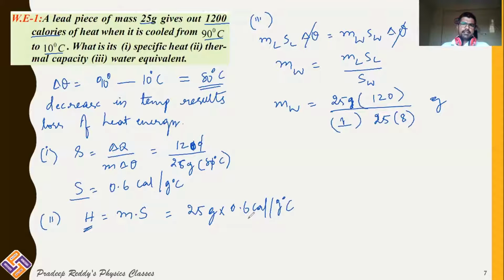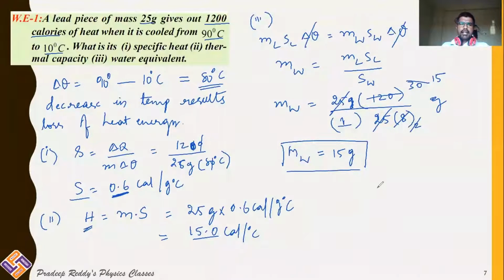This gives you the heat capacity. The third one is correct. So after calculation, the specific heat of the lead you get as 0.6 calorie per gram degree Celsius, the heat capacity of lead is 15, and the mass of water equivalent is equal to 15 gram.